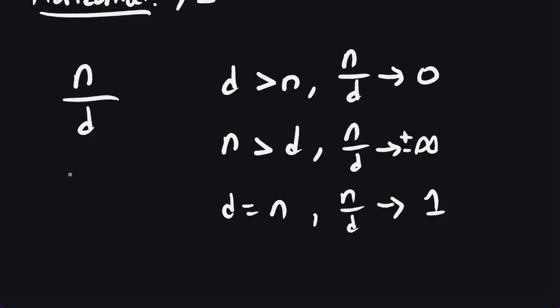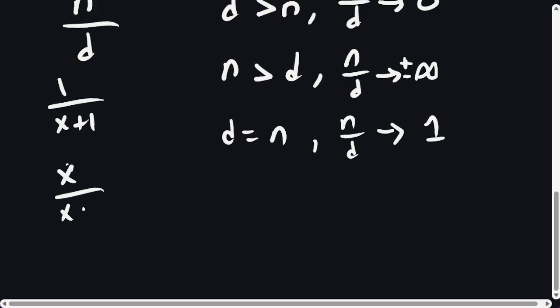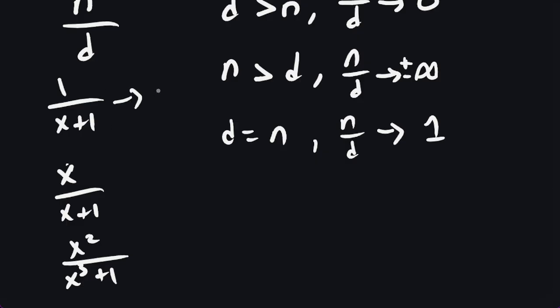Just for a few mini examples: 1 over x plus 1, x over x plus 1, and x squared over x cubed plus 1. 1 over x plus 1, as x gets bigger and bigger, will approach 0. And x over x plus 1 will approach 1 because they both have the same degree in the numerator and denominator.